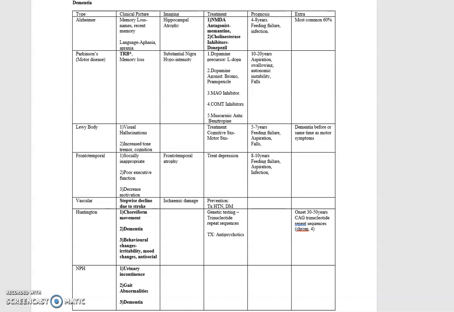So what is dementia? Dementia itself is a name for a group of symptoms that commonly include problems with memory, thinking, problem solving, language, and perceptions. In itself, dementia is not a disease, and it is not a part of aging.